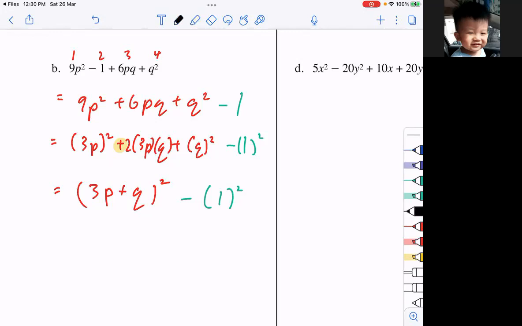So the last time, who can read me instantly the final answer? It will look like that. I'm using the third formula now. p plus q minus, plus minus 1. Nice. a squared minus b squared is a minus b times a plus b. The third formula again is literally the same question.